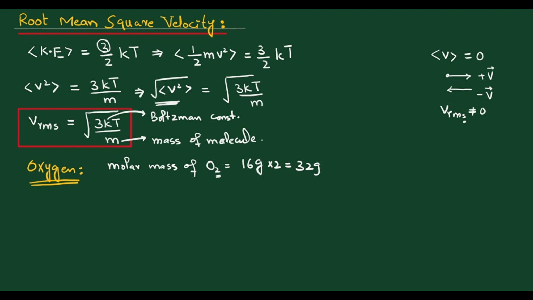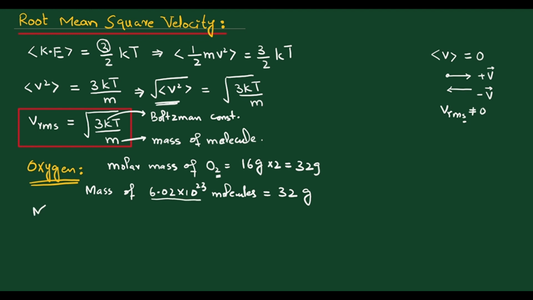This means that the molar mass is the mass of 6.02 times 10 raised to power 23 molecules of oxygen, which have a mass of 32 gram. If we want to calculate the mass of just one molecule, we have to divide the 32 gram by this number, which is called the Avogadro number.